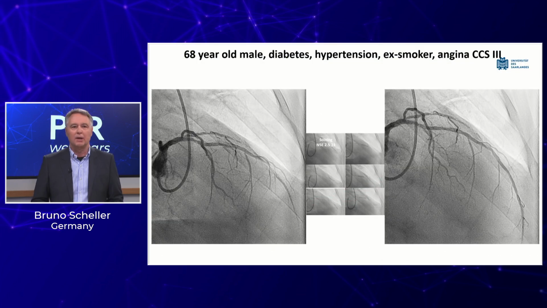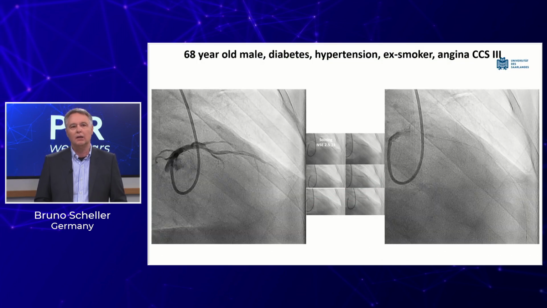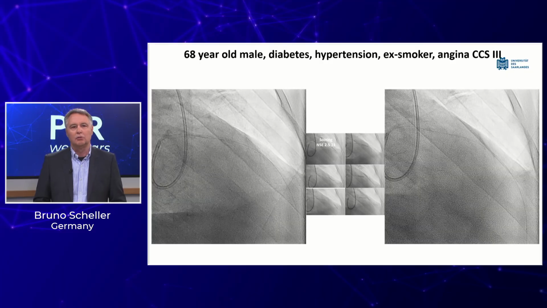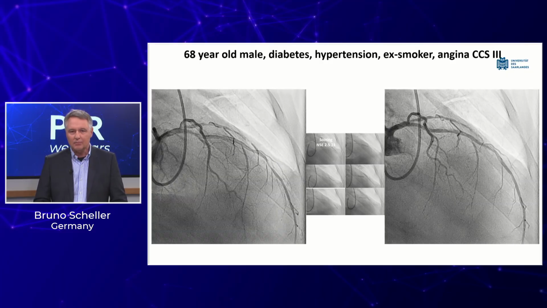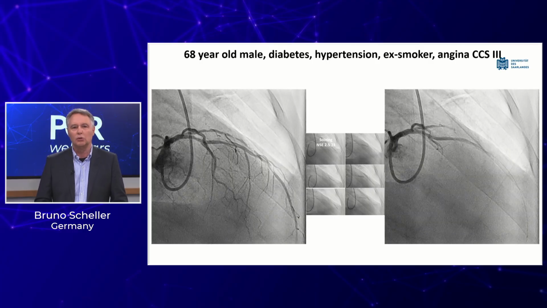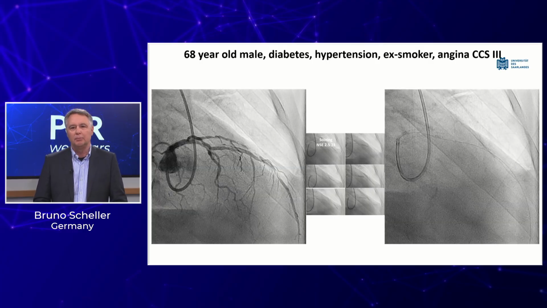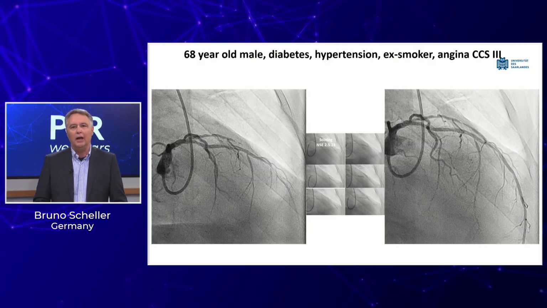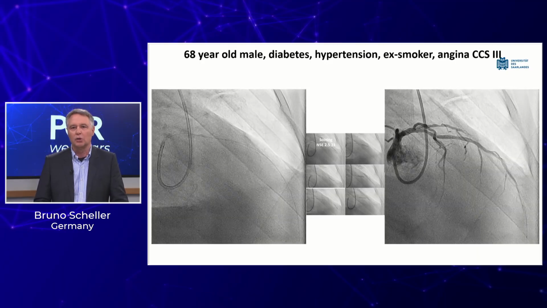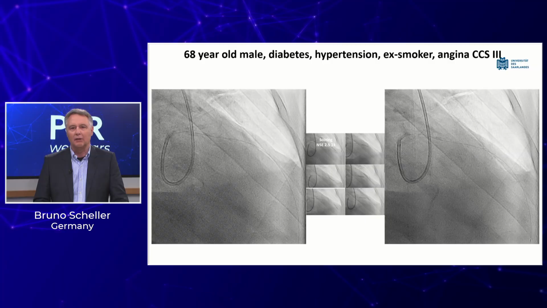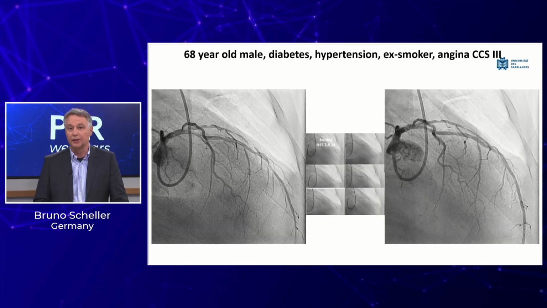And coming back to this 60-year-old male, on the left you can see again the result after pre-dilatation with semi-compliant balloons. And here I used a scoring balloon 2.5 with multiple and long inflations. And on the right you can see that the dissection is much better controlled and the lumen in the distal part has improved significantly.